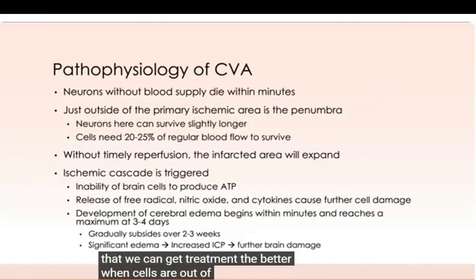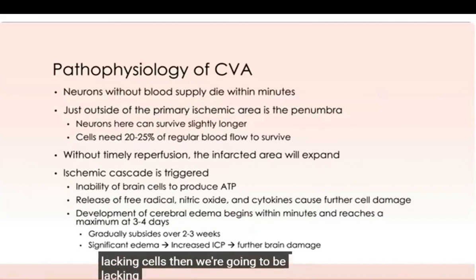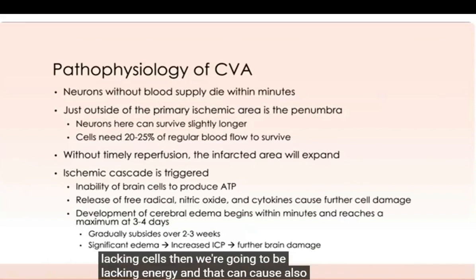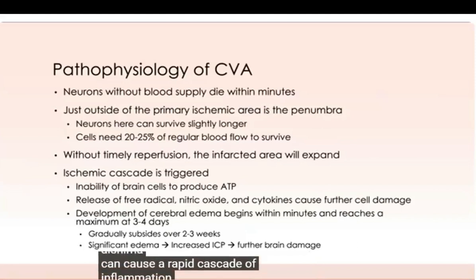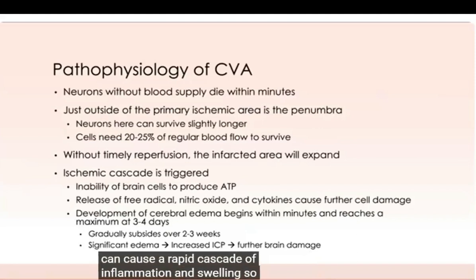When we're lacking cells, then we're going to be lacking energy, and that can also cause diffuse impairments. Also, ischemia can cause a rapid cascade of inflammation and swelling. So there's swelling that occurs, which can create increased cranial pressure.